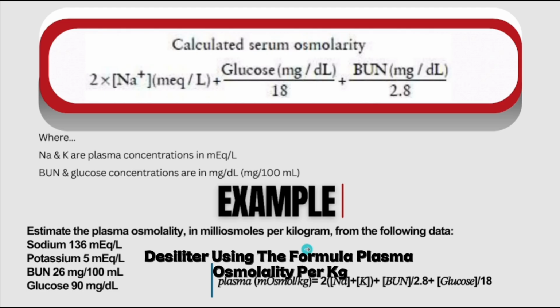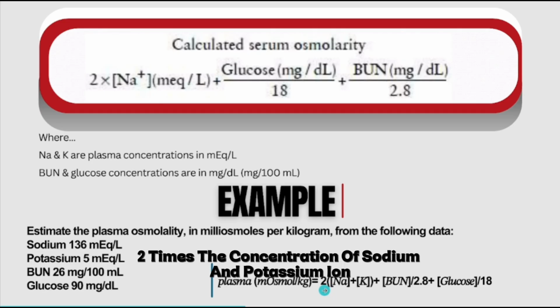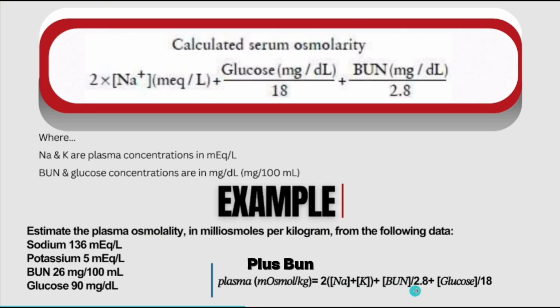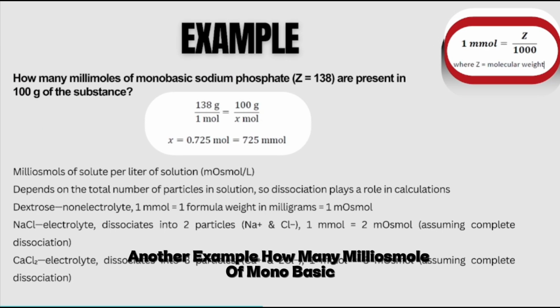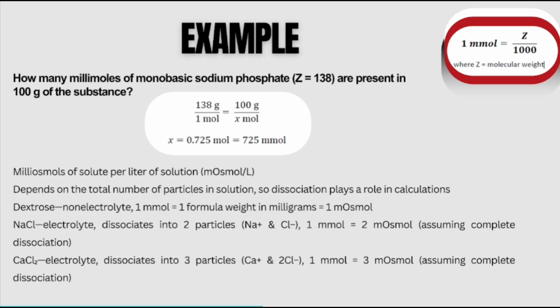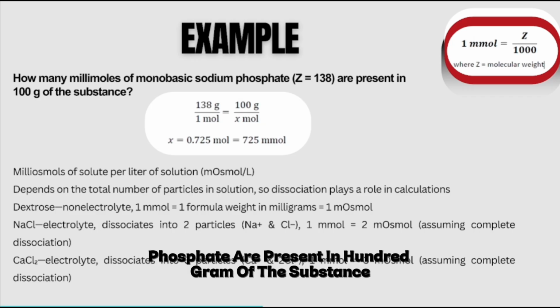Using the formula, plasma milliosmol per kg equals 2 times the concentration of sodium and potassium ion, plus BUN divided by 2.8, plus glucose divided by 18.